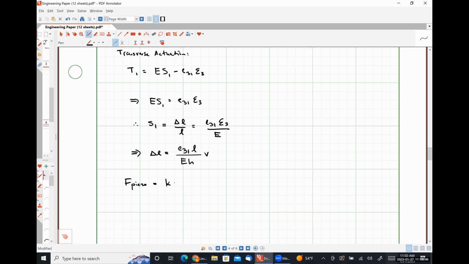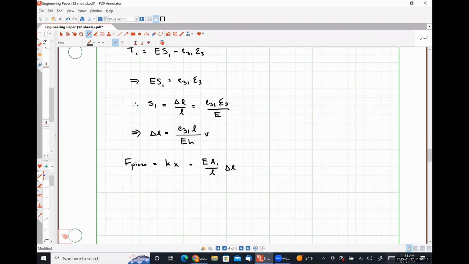So we'll have, once again, Kx, where K is effectively our material's spring constant undergoing extension. x is just a dummy variable here I'm using for the displacement that we are trying to get. So this is going to be E times A1 over L times delta L. Since delta L over L is simply S1, we have EA1 times S1.